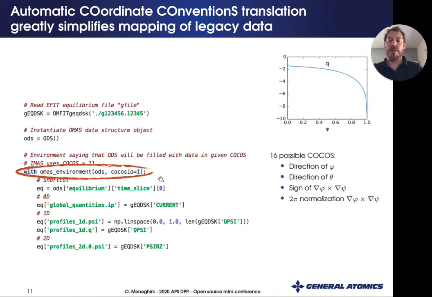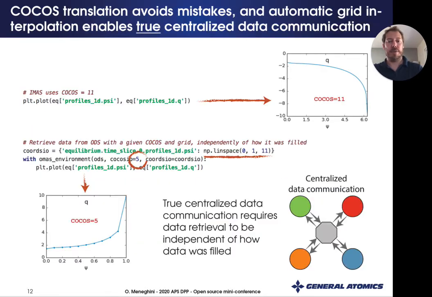In OMAS, all you need to do is tell OMAS what convention you're using when you're putting the data in. So in this case, we're telling OMAS we're using COCOS 1. The IMAS schema says that all of the data inside of IMAS should use COCOS 11, and OMAS will take care of the translation for us. So the data that we put in is now in COCOS 11.